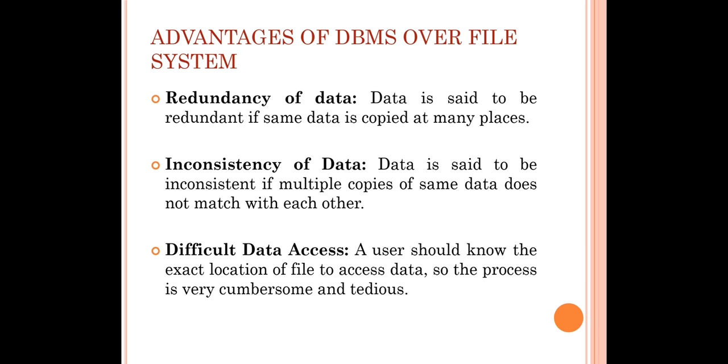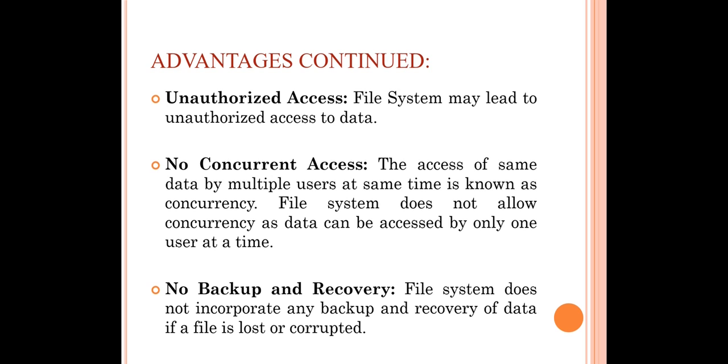Then next point is difficult access time. A user should know the exact location of the file to access the data, so the process is very difficult and tedious. Next point is unauthorized access. The file system may lead to unauthorized access. In the DBMS, not every user should be able to access all the data.